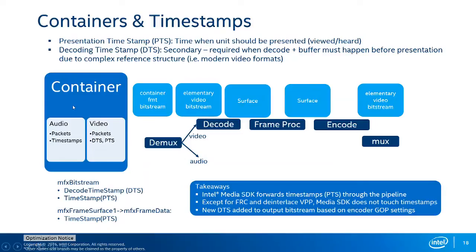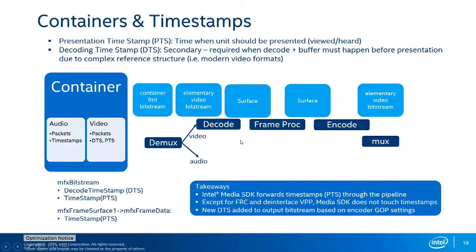So the input starts with this container format. Demux is external. Media SDK basically assumes it's already happened, and you pass in the output of Demux. It enters decode as an input bit stream.